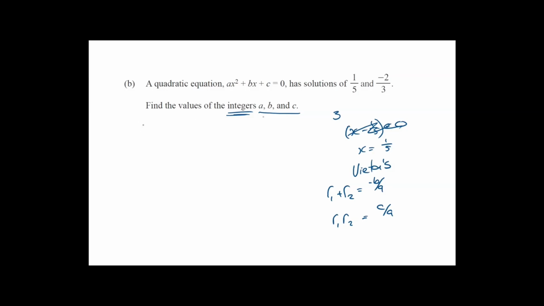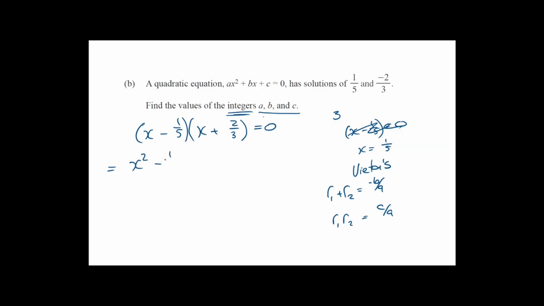So if we know these are the 2 roots, we could rewrite this as x minus 1/5 and x plus 2/3 equals 0. And that's going to give us the numbers, and then we're going to multiply out to find the integers essentially. So when we multiply out these brackets, I'm going to cheat maybe a little bit.